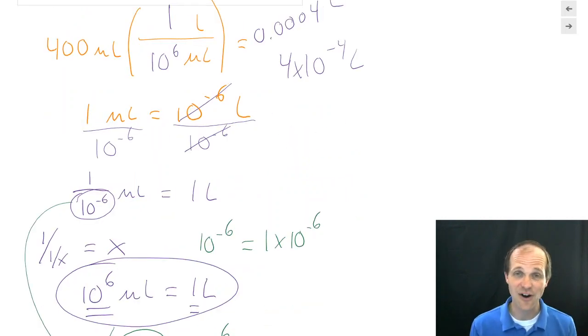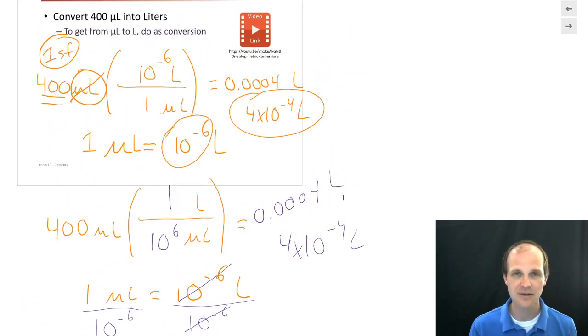And if you did all that math every time, absolutely it would be a lot of extra work, and it totally wouldn't be worth it. But here's the part that I think is intuitive for some people: since micro is small, I need a lot of microliters to make a liter. And you can use that logic in order to fill these in without having to actually write down the math every time.